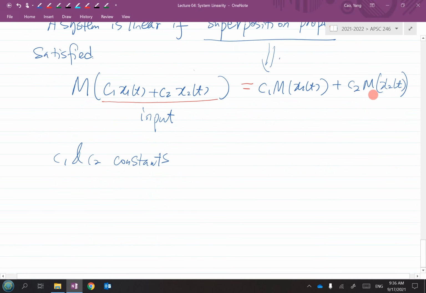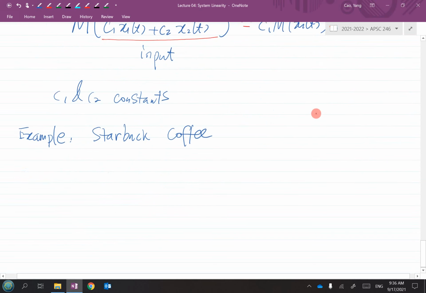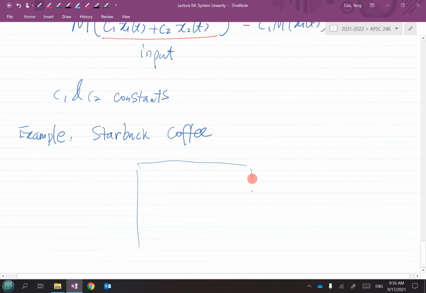So let's look at examples to fully understand how we can show a system is linear or nonlinear. I'm going to use a real life example right here. Okay. We all love Starbucks coffee. And here's your observation: you go, you spend some money, and then you see how much coffee you get.